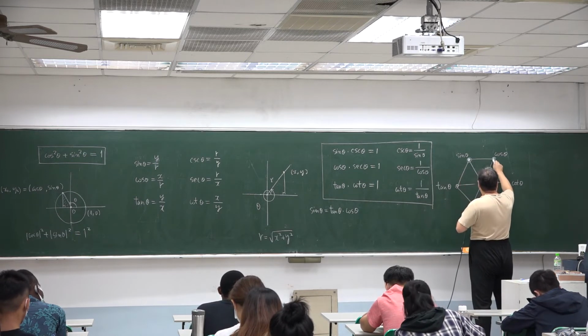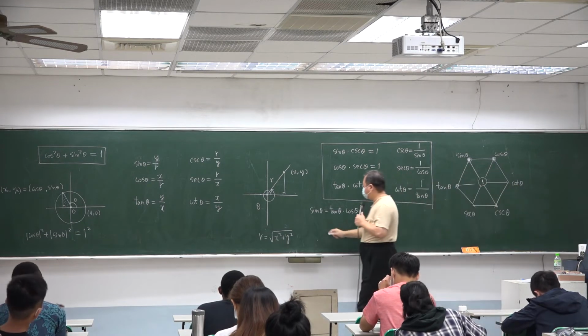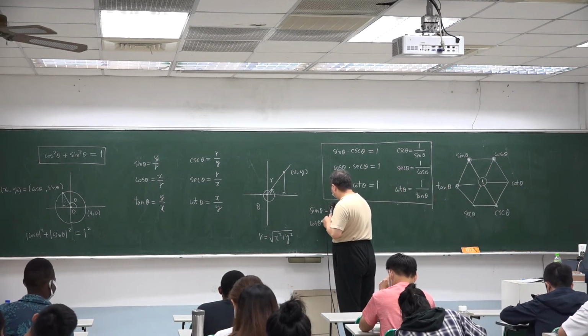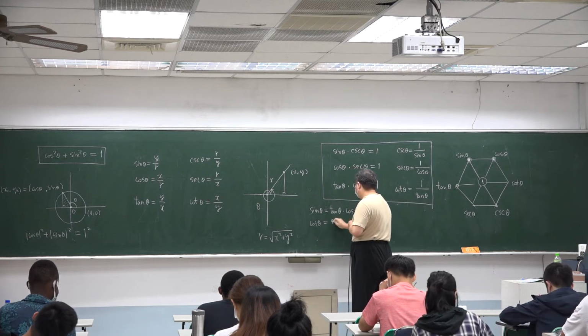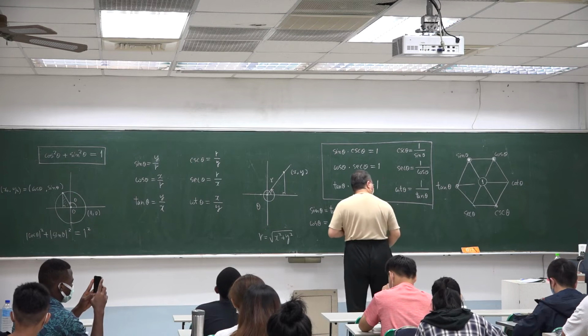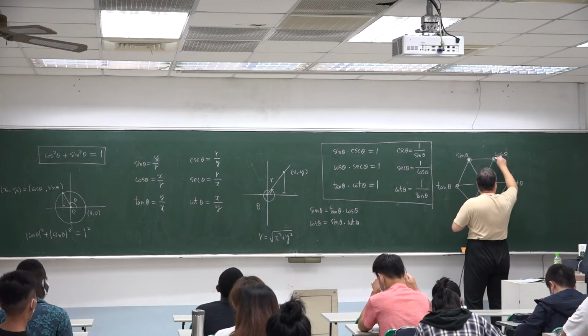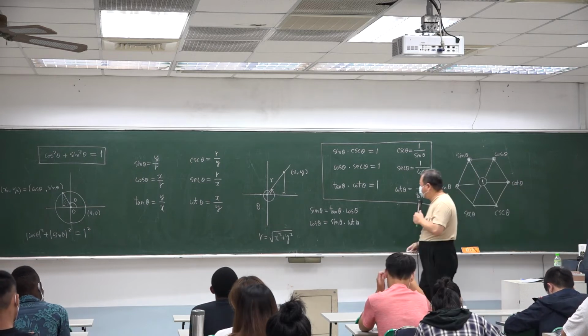Also, cosine is the product of sine and cotangent. Cotangent is the product of cosine and cosecant.